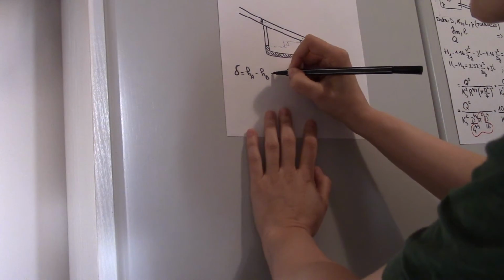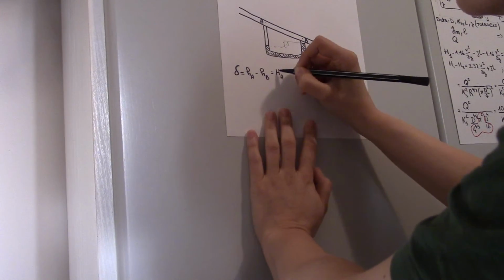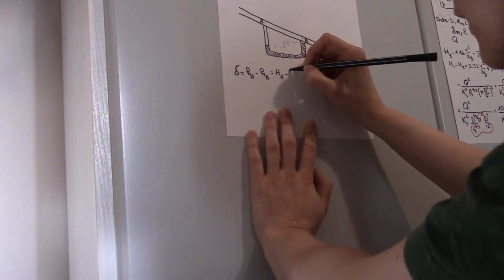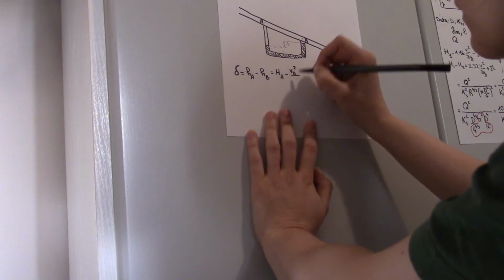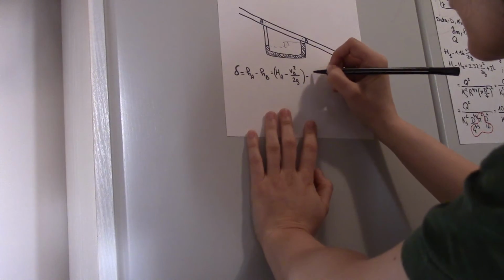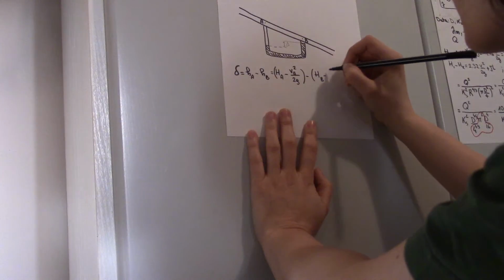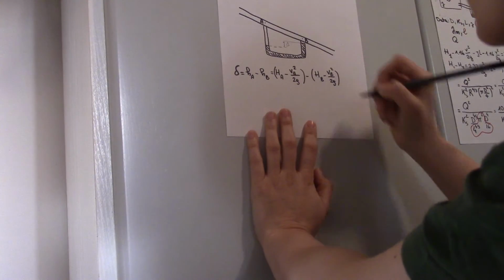So it's total head in point A minus the velocity evaluated in point A to the power of 2 over 2g, minus total head in B minus vB to the power of 2 over 2g.